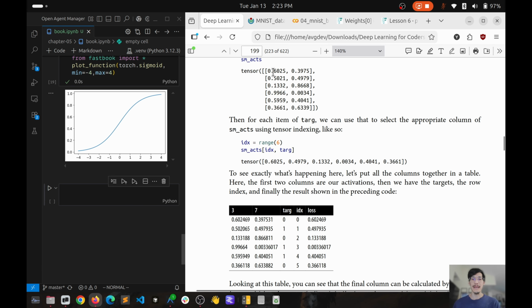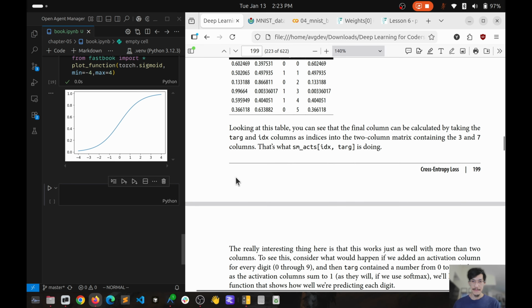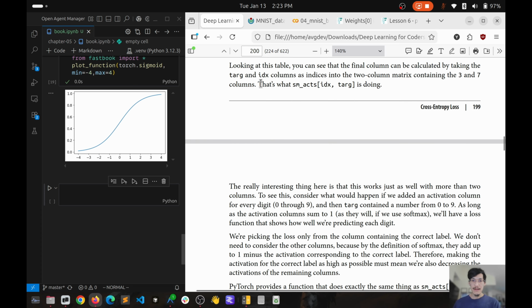So it could be either 0.625, and in another instance it's this one, another instance this one, based off of what the ground truth is. Okay. So that's what smx idx targ is doing.